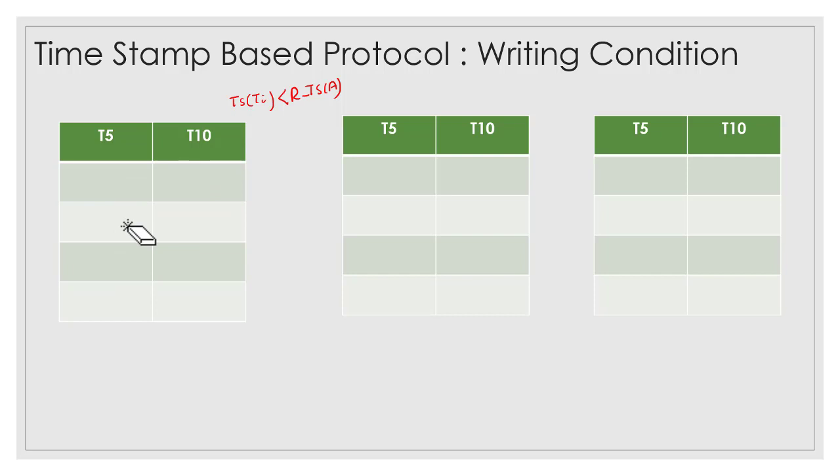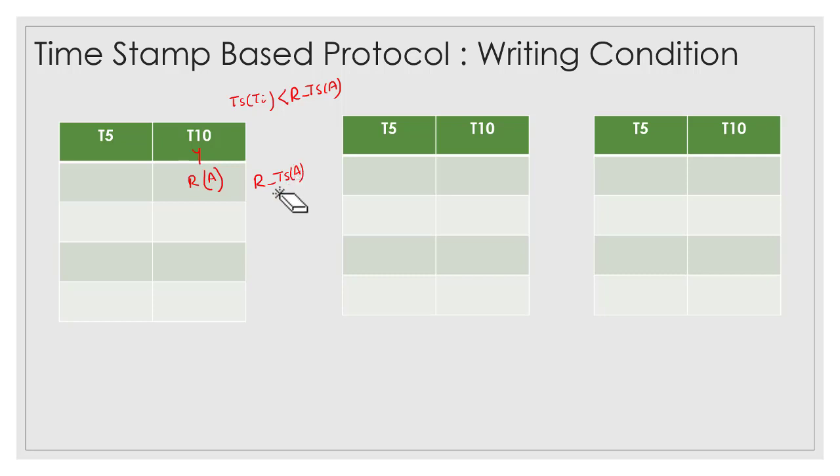This means transaction 10, which is the younger transaction, has already read the data item A. So our read timestamp of A for this one will be 10.